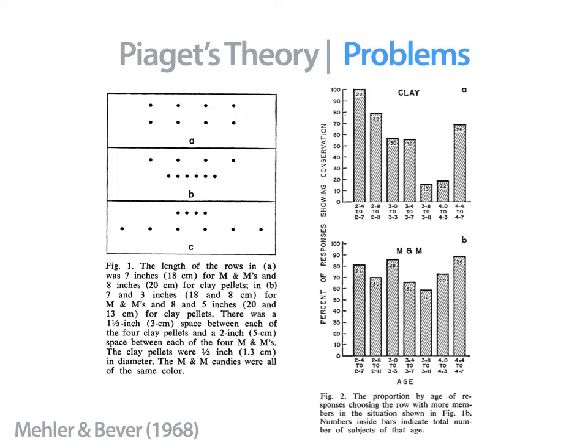So again, that's not consistent with the idea of a pre-operational stage to a concrete operational stage. It's not stage-like because they don't have just one way of thinking, pre-operational to concrete operational. And the other thing is that we've got this weird U-shaped development happening on the clay problems, but not the M&M problems.